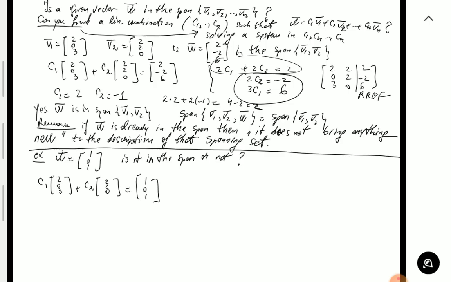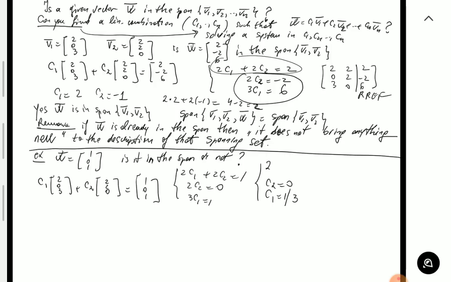All right, so we're going to do probably another example later similar to this one, in which we actually need to do row reduction. So let's do it like before, just directly. The three equations are 2C1 plus 2C2 equals 1, 2C2 equals 0, and 3C1 equals 1. Notice from the last two equations, I get C1 equals 1/3, C2 equals 0.